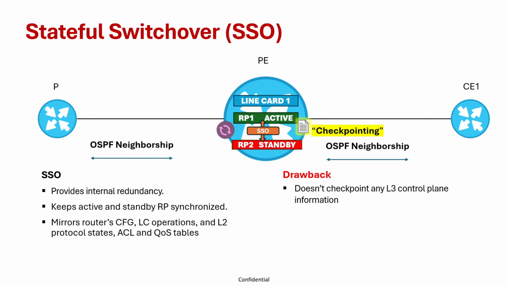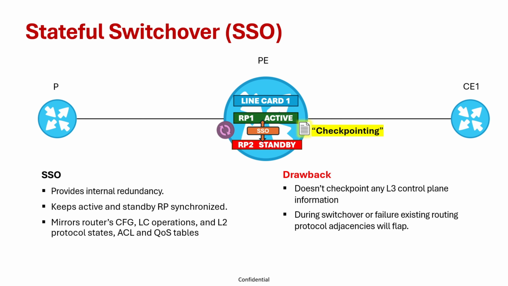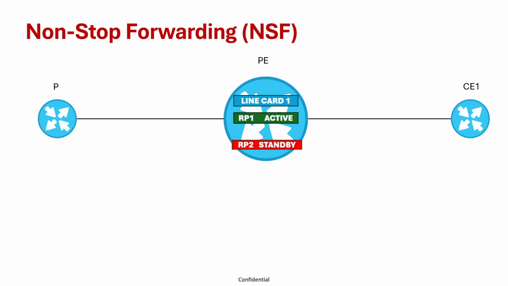And due to this, the existing routing protocol adjacencies will flap, and then the routing tables will be cleared because of that. Because of this, an interruption will occur at layer 3 for a while during the switchover.